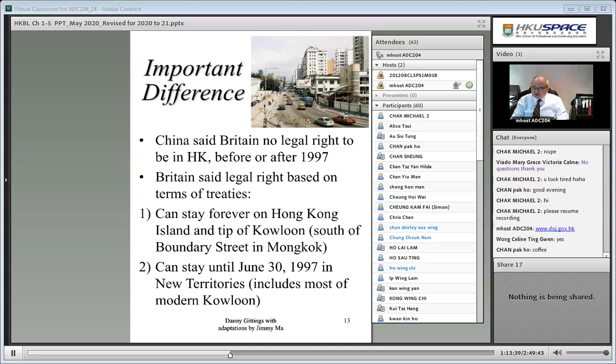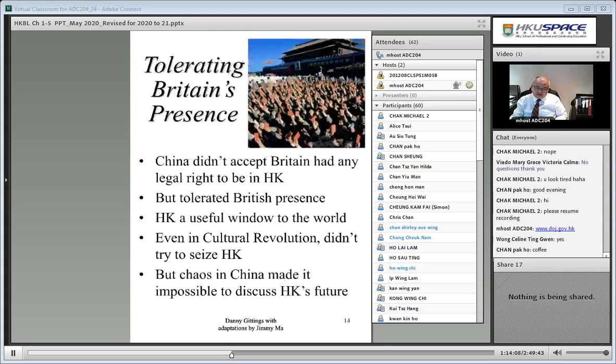So unless there is any change of that relationship, it is part of the British Empire for good. It's only about the New Territories that it accepted that the land lease has an end day, because the convention was that the lease was only for 99 years. So that was an important difference between the two governments.